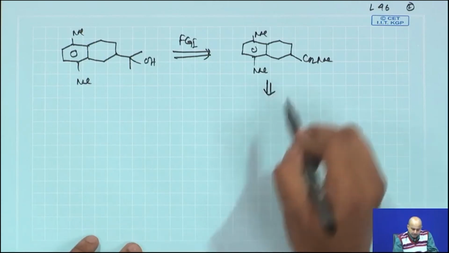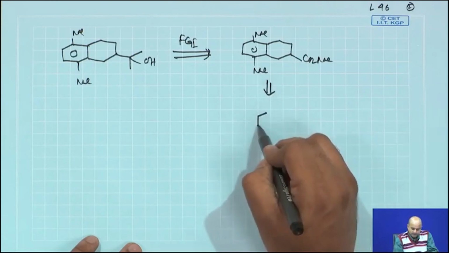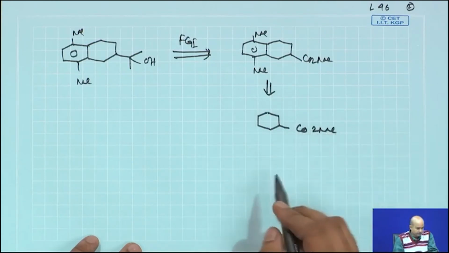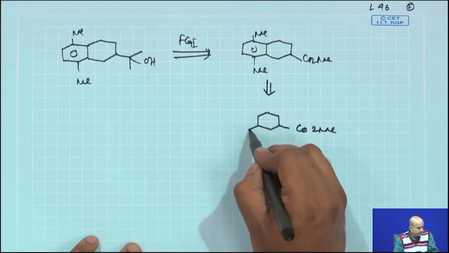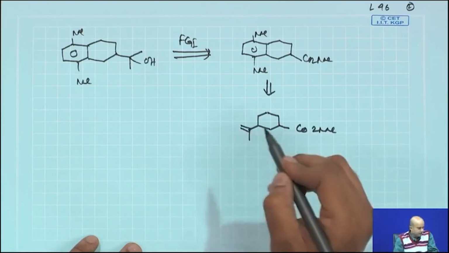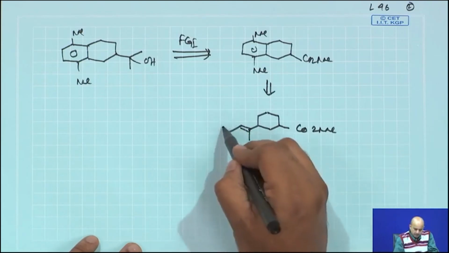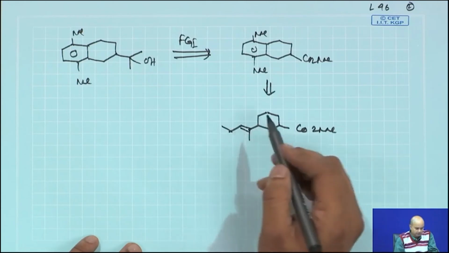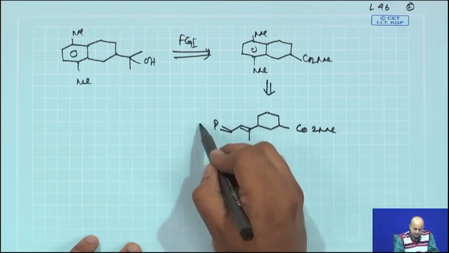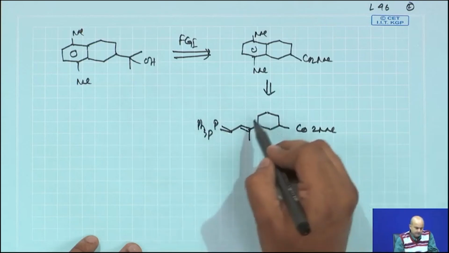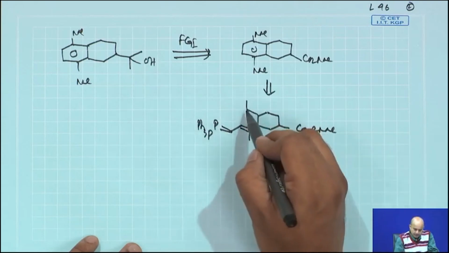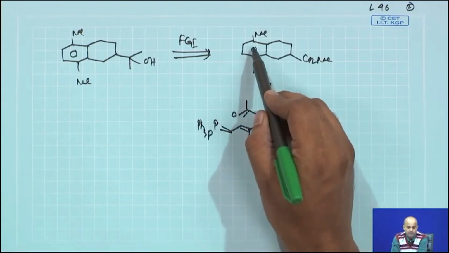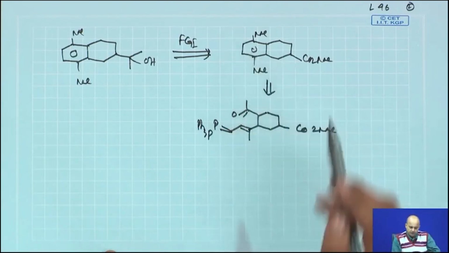Now, this particular intermediate can be constructed by following this pathway. You have this methyl, you put a double bond here, you put this Wittig reagent, which is what you require, and then you have a methyl C double bond O. I am saying that probably one of these aromatic double bonds can be constructed through an intramolecular Wittig reaction.